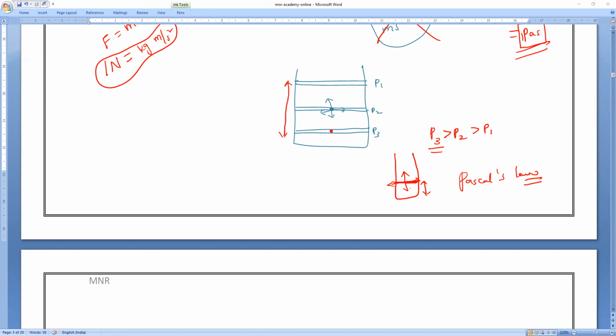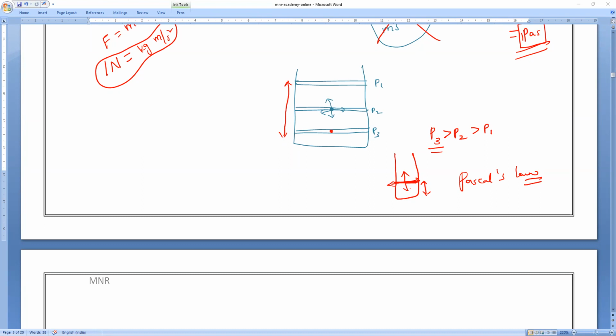That is what we call Bramah's press. On one side they apply liquid pressure, and automatically the other side rises. So that Bramah's press also we'll study in tomorrow's class. The hydraulic press, its working principle, we'll study how it works.